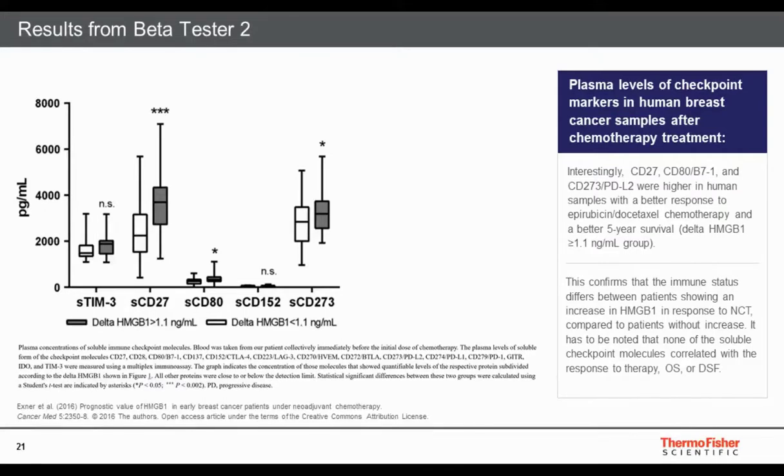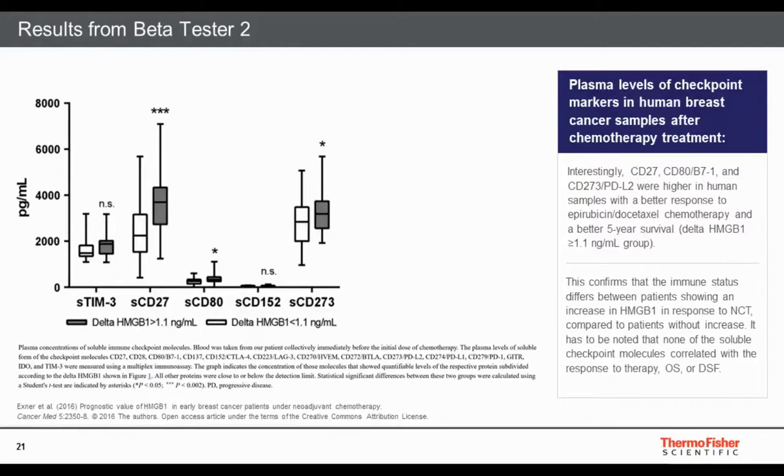In the next slide, you see data obtained with our immuno-oncology panel, again during another beta testing, which is already published by our beta testers. So the detection levels in this study of several checkpoint molecules in samples from human breast cancer patients before and after chemotherapy are shown.